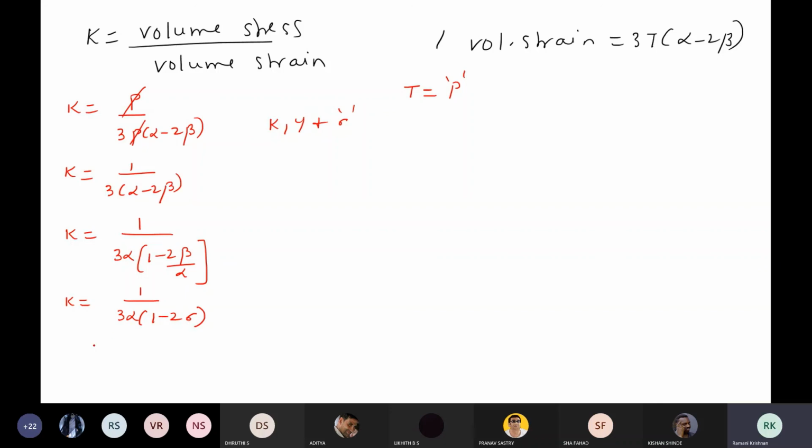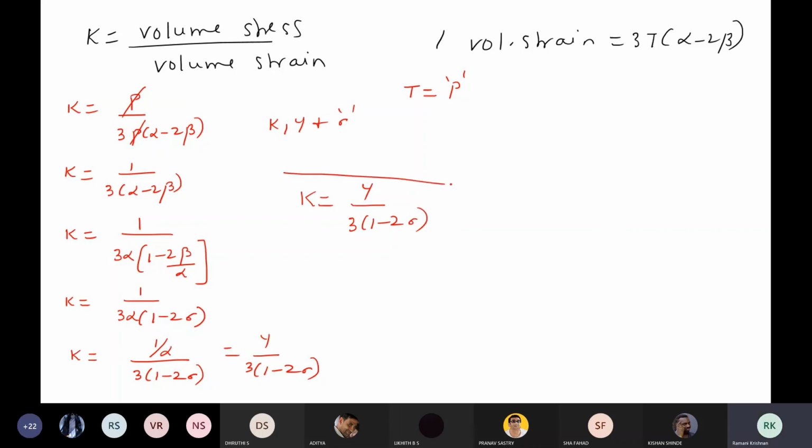Isn't it? Now, what is the next step I'm going to do? I want it in terms of Young's modulus. I'll say 1 by alpha is Y, so K is equal to Y by 3, 1 minus 2 sigma. This is the relation. So K is equal to Y by 3 times 1 minus 2 sigma. This is the topic we were seeing, the relation between bulk modulus, Young's modulus and Poisson's ratio.